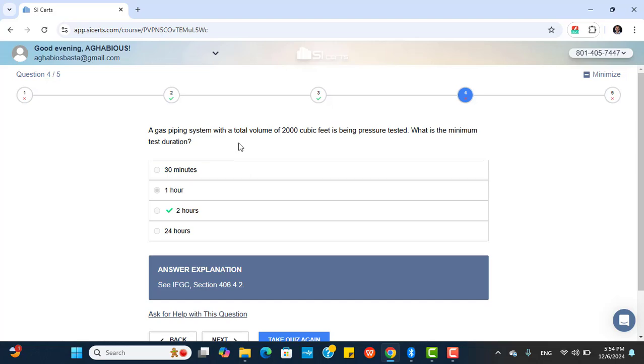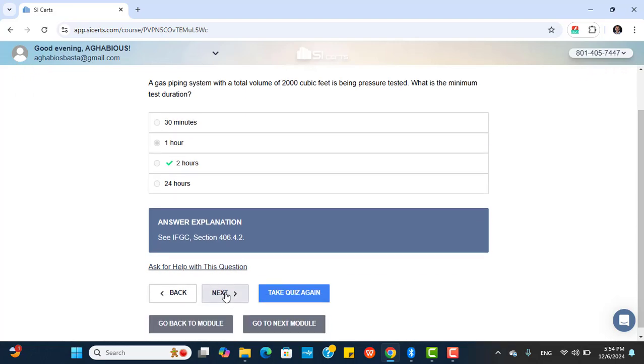A gas piping system with a total volume of 2,000 cubic feet, because it is 1 hour per 1,000 minimum. Okay, let's see this section. Okay, we will revise it.